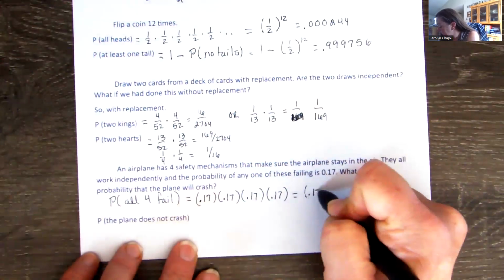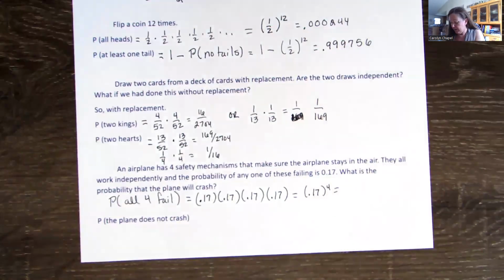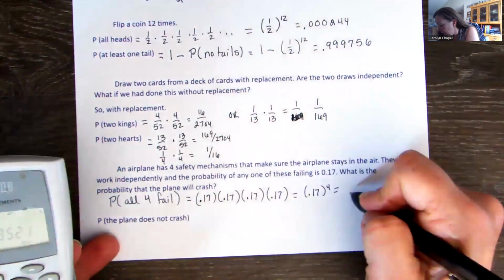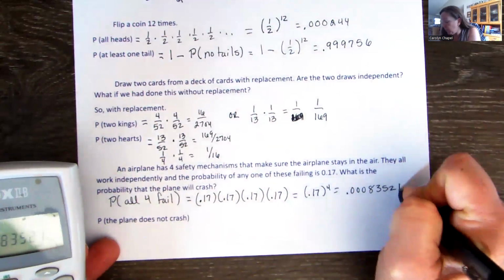Or 0.17 to the fourth, which on my calculator gives 0.00083521.